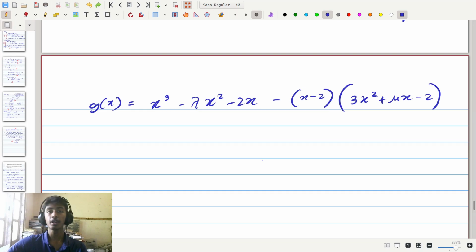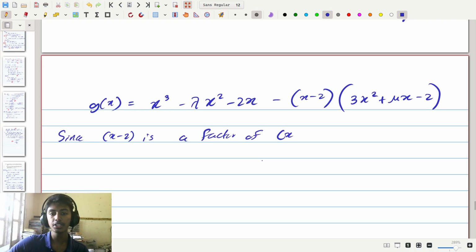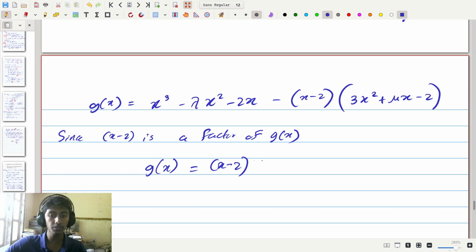So first off, we know that x minus 2 is a factor of g of x. So since x minus 2 is a factor of g of x, if we substitute x equals 2, as in we compute g of 2, then whatever this thing is multiplied by, which is some other function, we know that g of x is equal to x minus 2 times some other function which I'll call k of x.